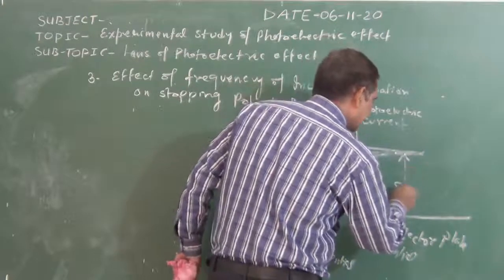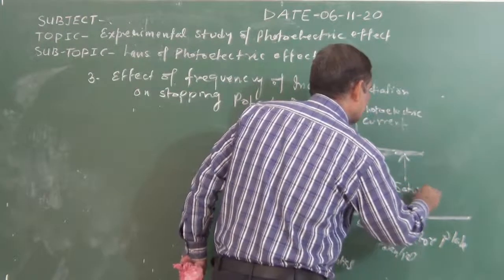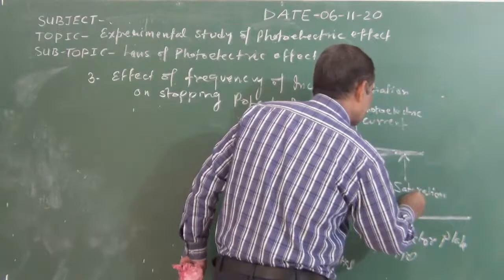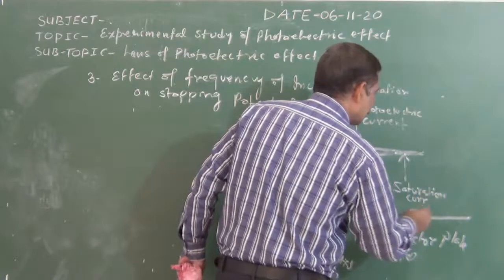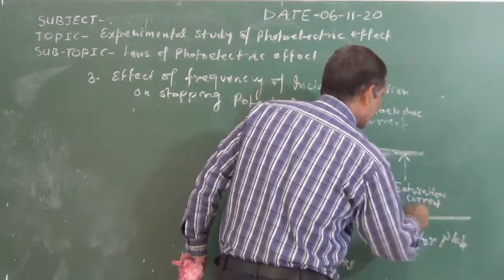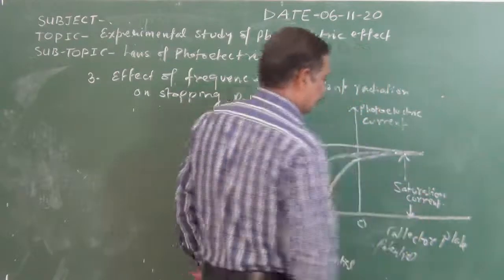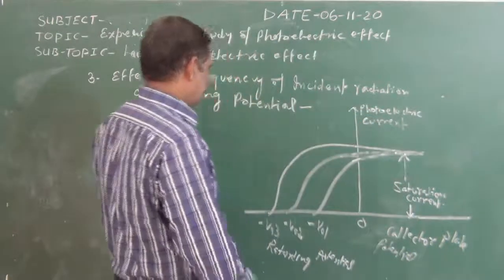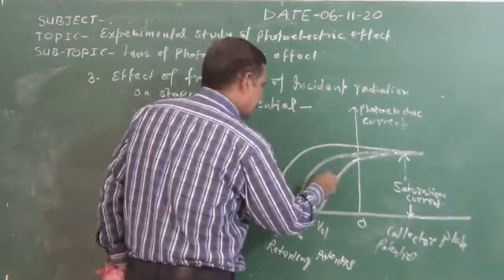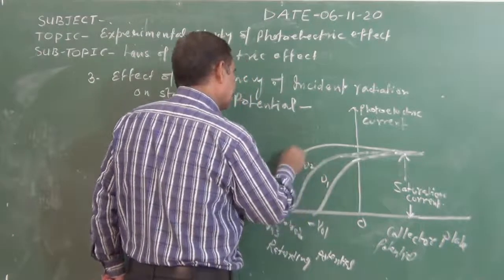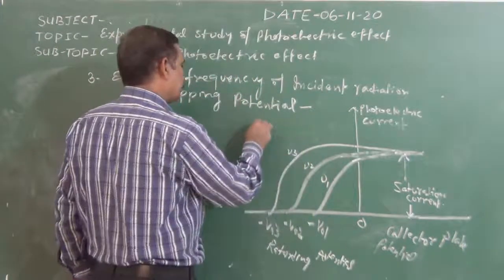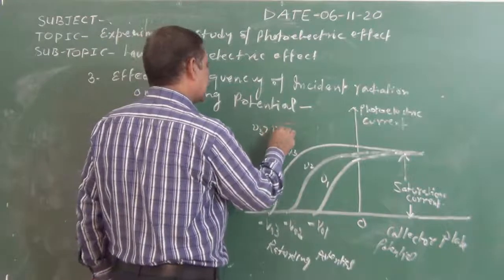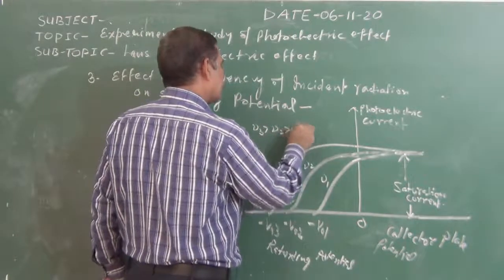This is saturation current. Saturation current means steady position. This is frequency nu1, nu2, nu3. So nu3 greater than nu2 greater than nu1.